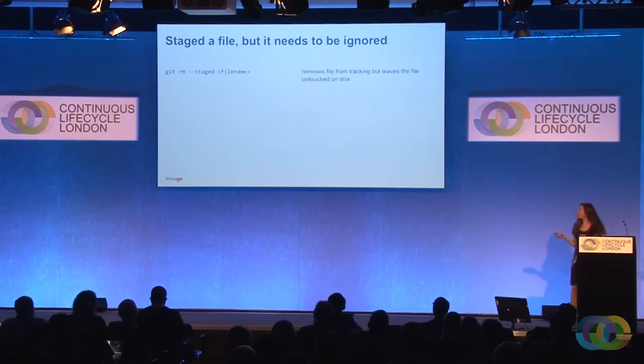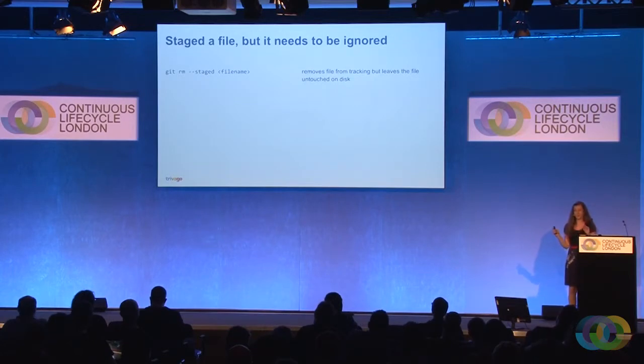So you remove it with the flag --staged, so it will remove it from Git, but will leave it untouched on the disk. Do not forget the --staged, or it will really be deleted. Also happened to me once.